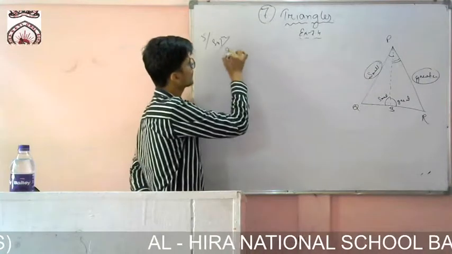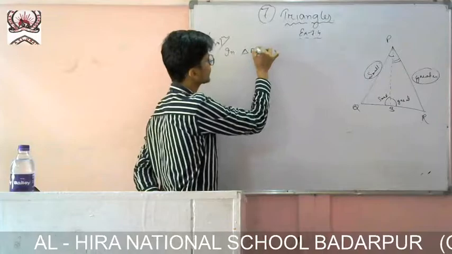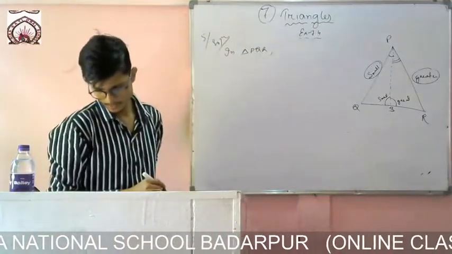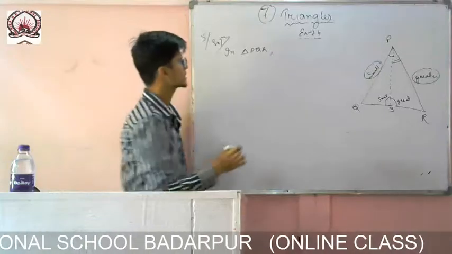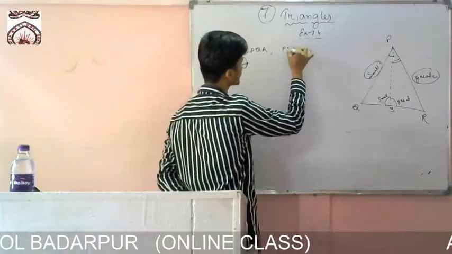In triangle PQR, it is given in the question PS bisects angle QPR.